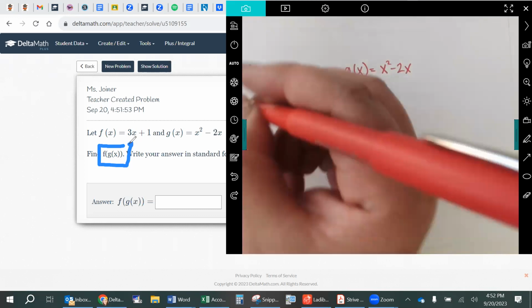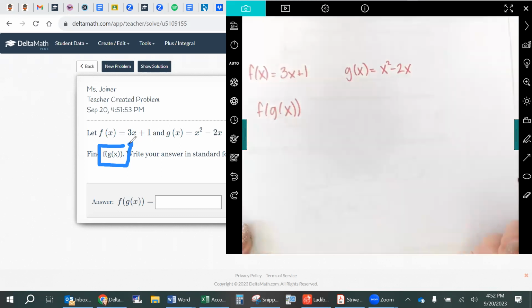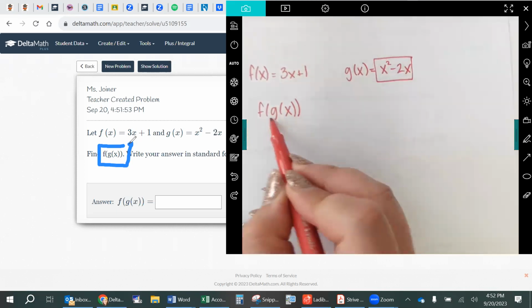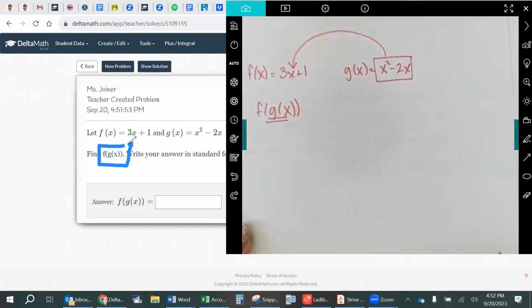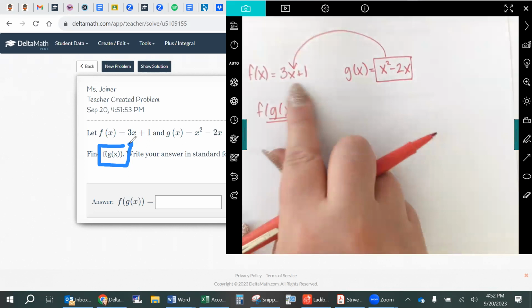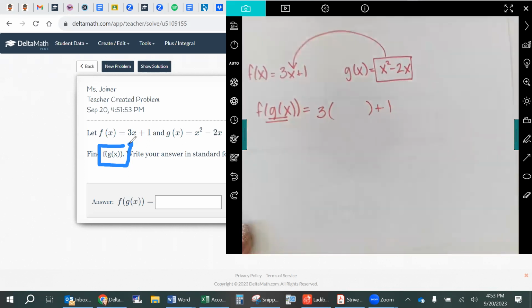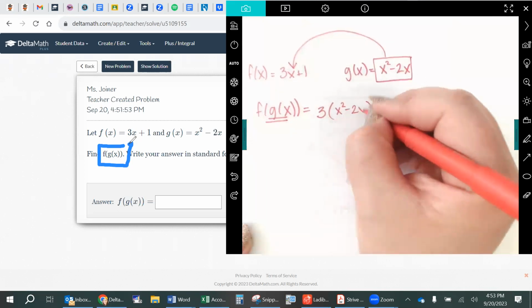F of g. Well, then that means I'm taking the g of x formula and I'm plugging it into the f formula. So instead of being 3x plus 1, it'd be 3 something plus 1. And then I'm going to take that g formula and sub it in.